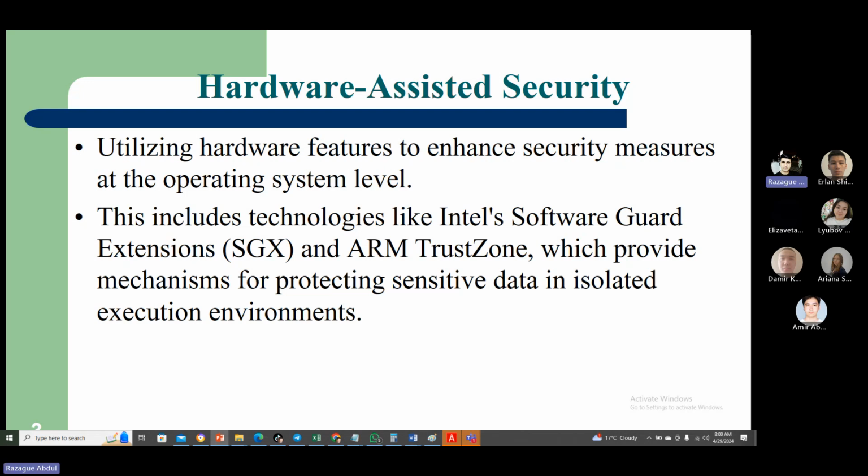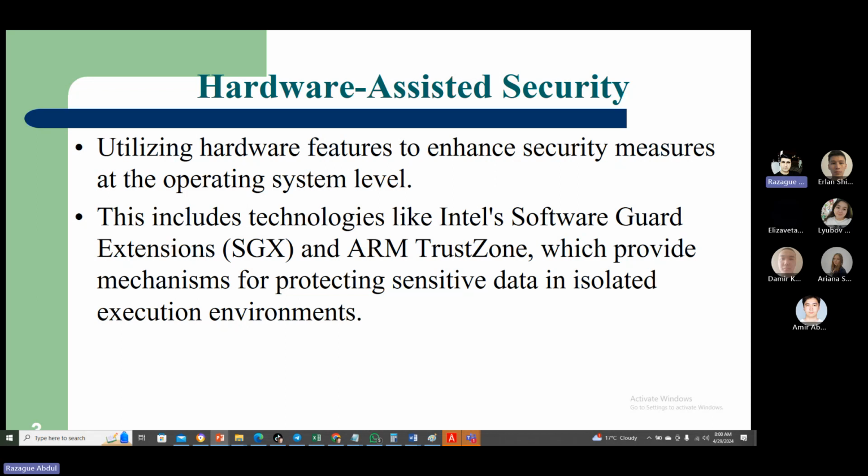Application impact of hardware assisted security: the applications of hardware assisted security are vast and impactful. By providing mechanisms for isolated execution, technologies like SGX and TrustZone play a critical role in enhancing data protection, particularly in scenarios where sensitive data must be shielded from potentially compromised operating systems.